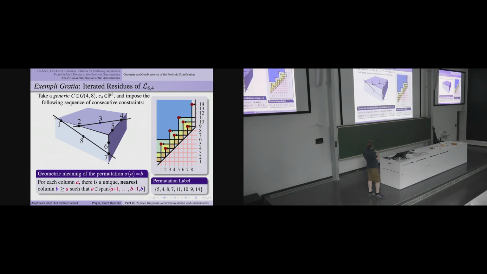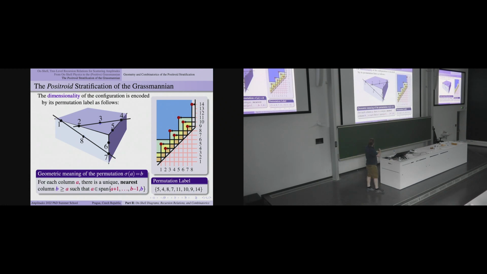For every column A, there's a unique nearest neighbor, B, meaning nearest to the right, beyond A, such that column A is spanned by that range up to B. So in particular, B can be equal to A, in which case this list is empty, and that only happens if the column vector is actually 0. So that's the dressing. And this label defines a permutation.